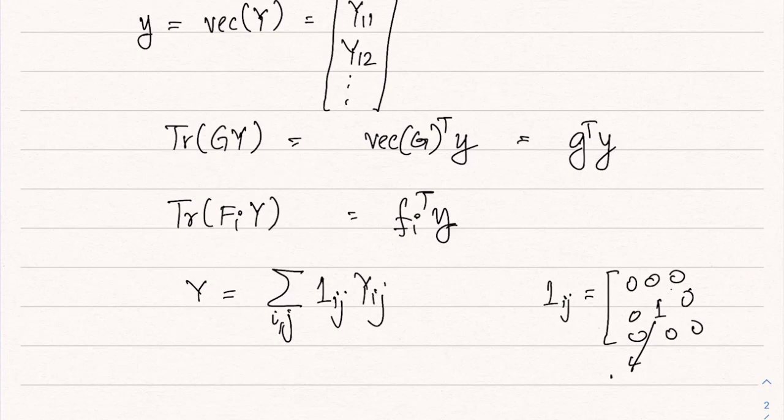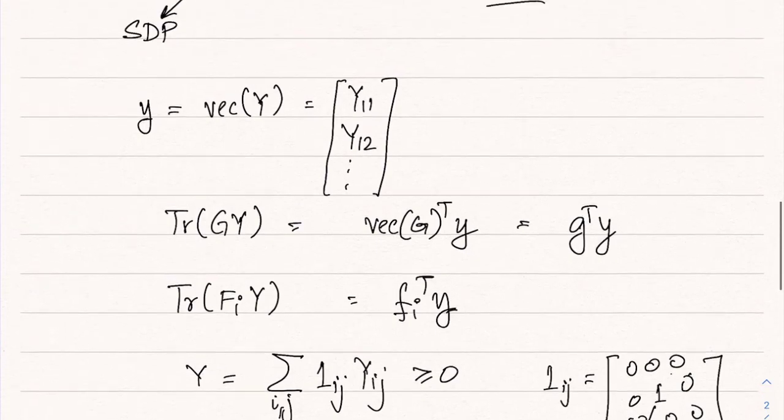So this is our Y, and saying that this is greater than or equal to 0 is indeed in the LMI form, because the constraint is written as a linear combination of the variables yij times some n cross n matrices. All these n cross n matrices play the role of the Fi that we had earlier.